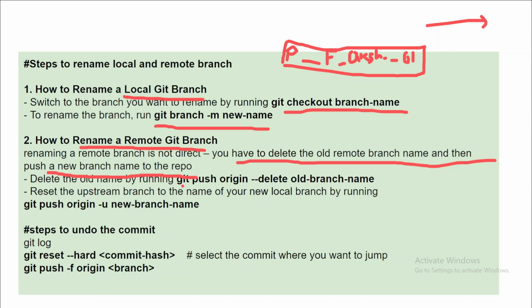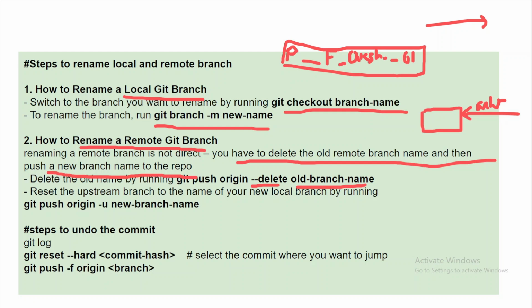So this is the command to delete the old one: git push origin --delete and give the old branch name. For example, in Akshata's repository, I have created a branch with one feature. My branch name was Ashish.